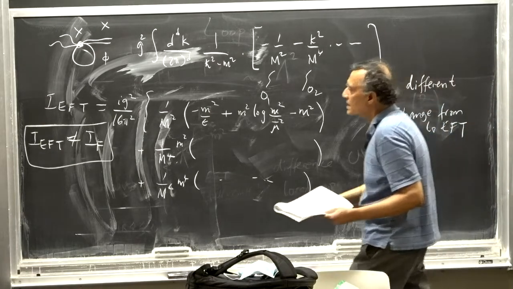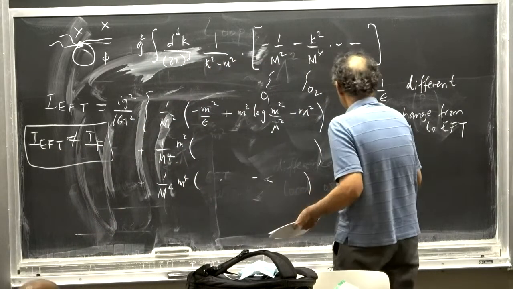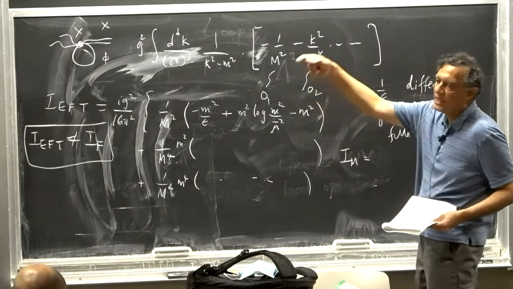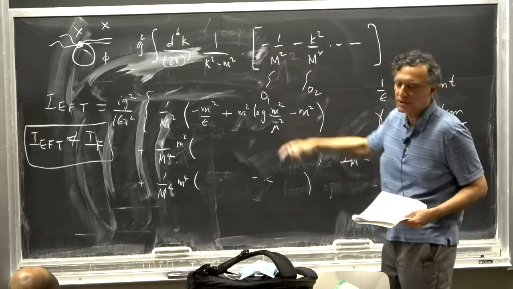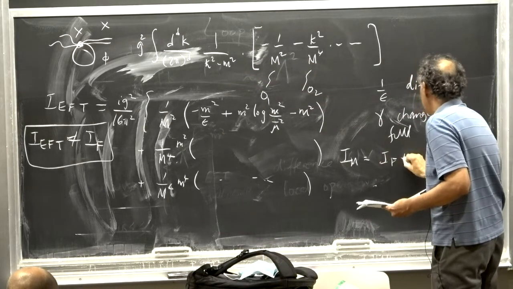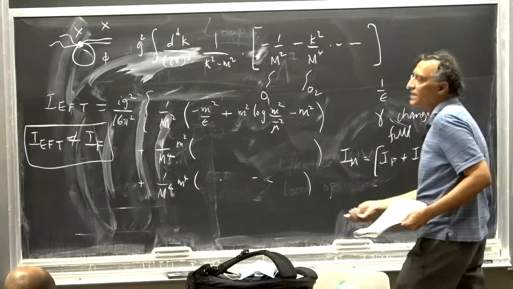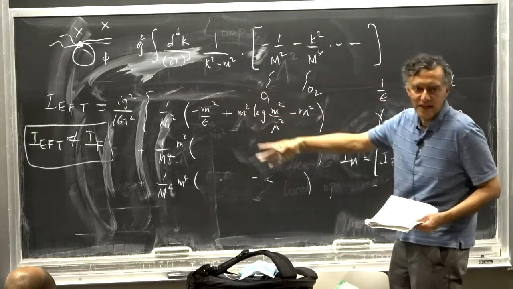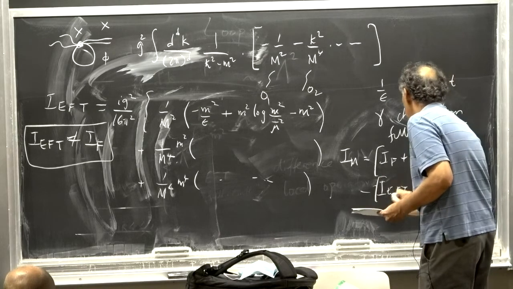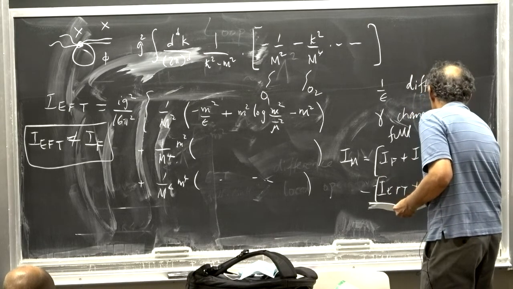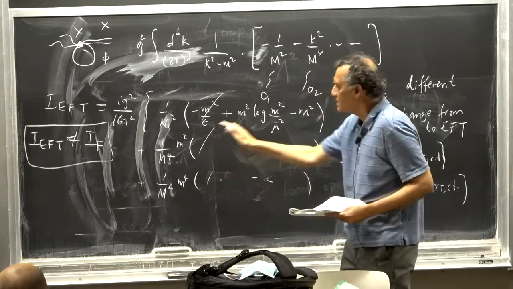Furthermore, this difference between the two is what I would call the matching. So what is called the matching contribution is the extra piece I have to add to the EFT Lagrangian because I'm not getting the amplitude correct. It is given by taking the full theory plus the full theory counter terms, which in dim reg just means drop the 1 over epsilon piece, just keep the finite part, and I subtract the EFT plus its counter terms, which are different counter terms, which just means drop the 1 over epsilon and keep everything else.